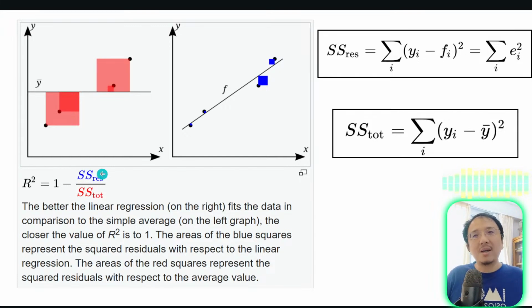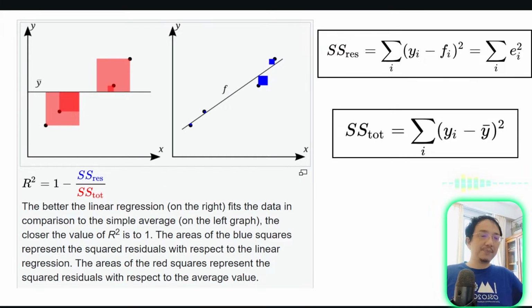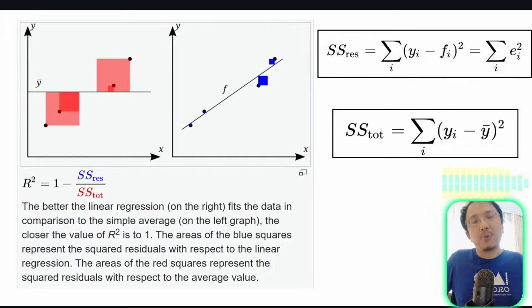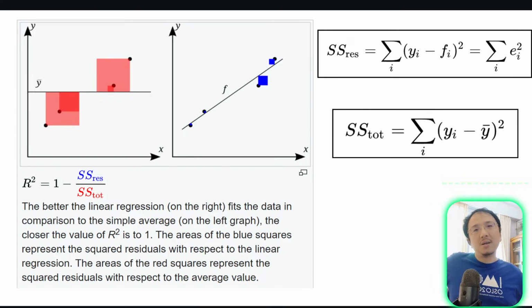So 1 minus an arbitrarily large number can approach negative infinity. But in general, usually we consider R-squared to be between 0 and 1.